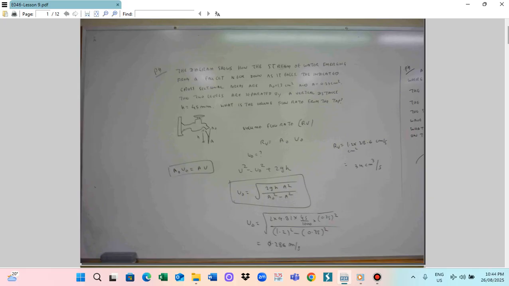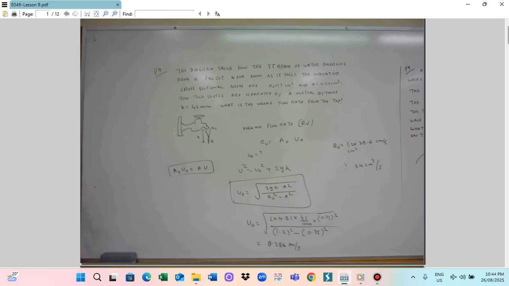Therefore, we already know h, A and A0, so we substitute. V0 we can calculate: 2 times 9.81 times h, which is 45 millimeter, so 45 divided by 1000.